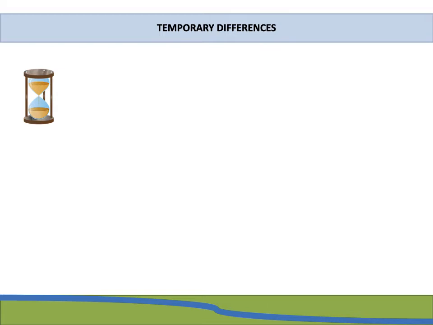Now, when we calculate our temporary difference, it starts off with the carrying amount of that asset or liability, and you get this amount from your statement of financial position based on IFRS rules. Then we're going to deduct the tax base.